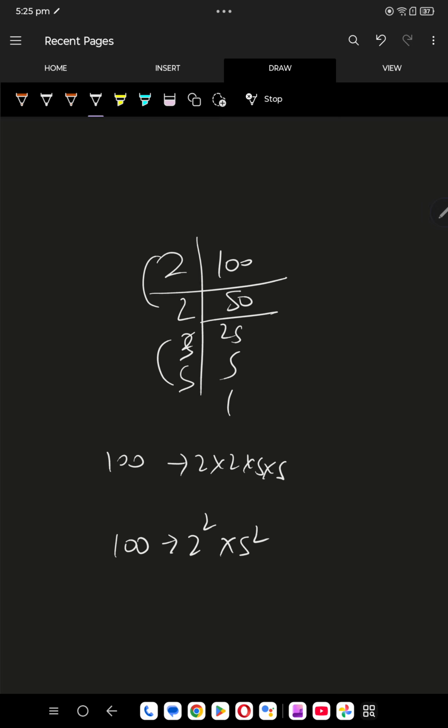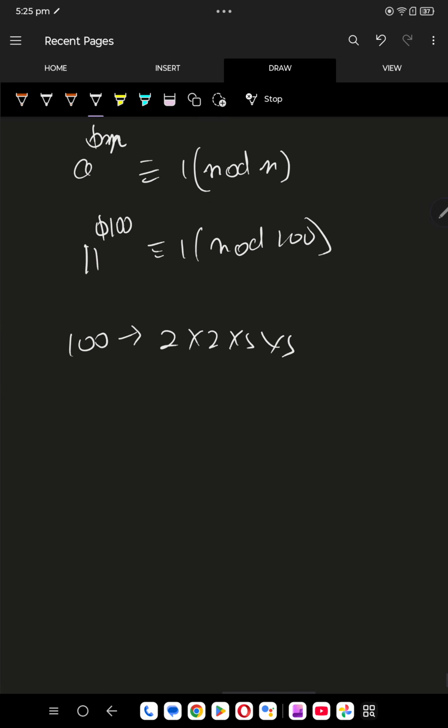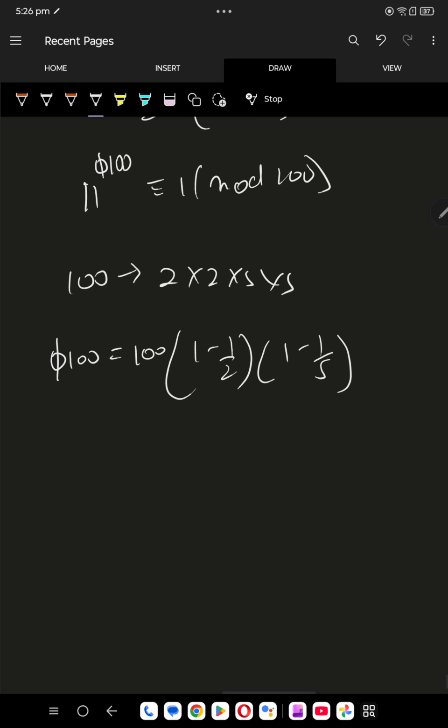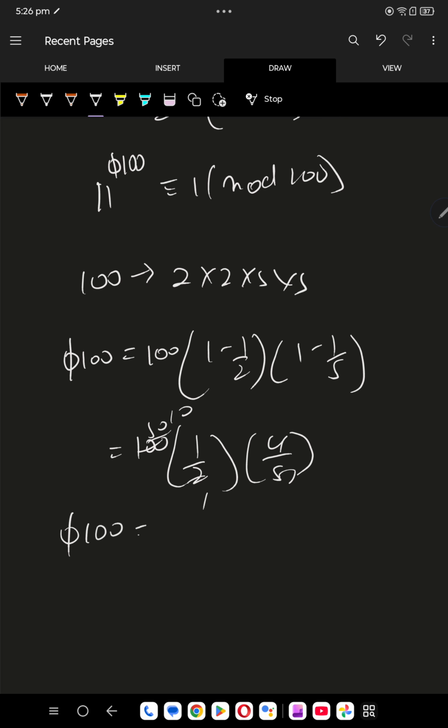Now 2 and 5 are prime numbers. So φ(100) is equal to 100 into (1 minus 1 by 2) into (1 minus 1 by 5). So 100 into 1 by 2 into 4 by 5. That gives 50, and then 40. So φ(100) is 40. So 11 power 40 is congruent to 1 mod 100.